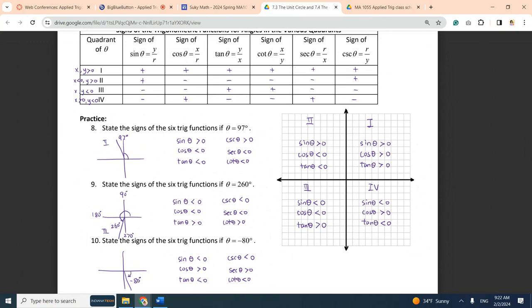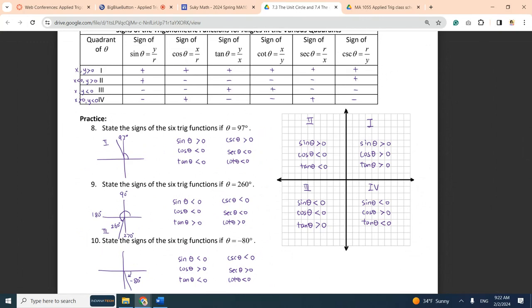Look at the picture. X is positive, but the y is negative. So your sine is negative, cosine positive, tangent negative, cotangent negative, secant positive, and cosecant negative.